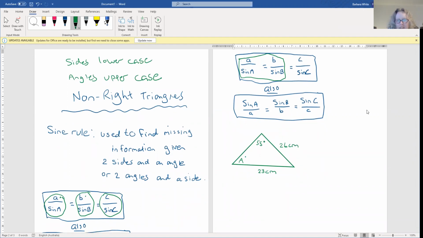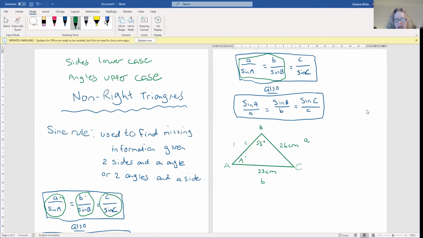So we're going to label the rest of it. That's going to be A there, that's going to be little a over here. This one's going to be B, and this is going to be little b over here. And I'm just going for A and B because they're the first ones in the alphabet. That would make this angle C and this side C, but there's nothing there, so we're not even going to worry about that.